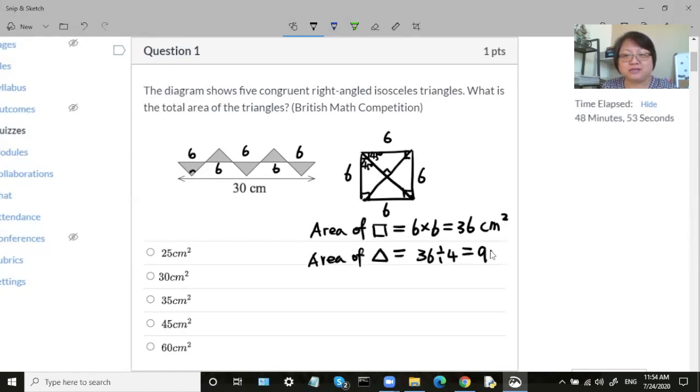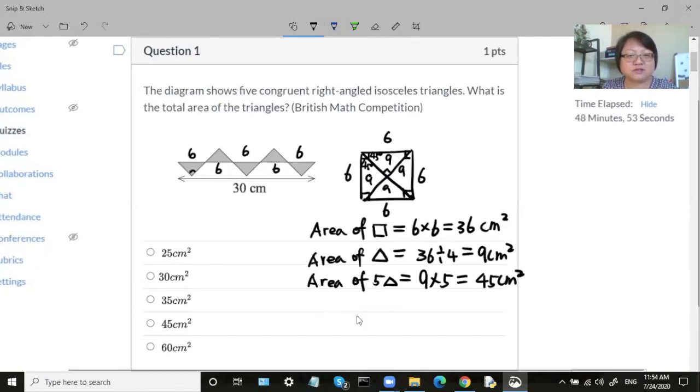So it's 9 centimeters squared. We need to calculate 5 of these right triangles. So 5 triangles is 9 times 5, 45 centimeters squared. Okay, the answer is D then.